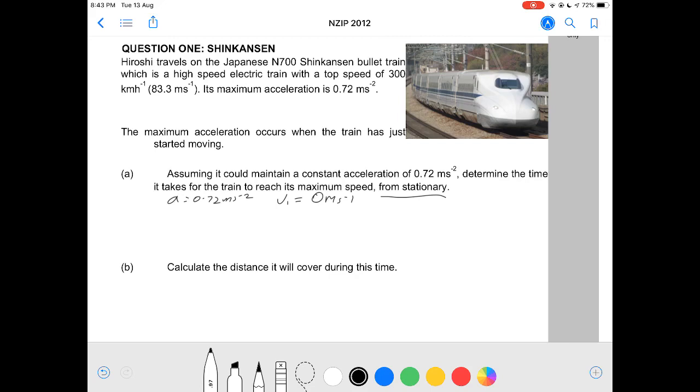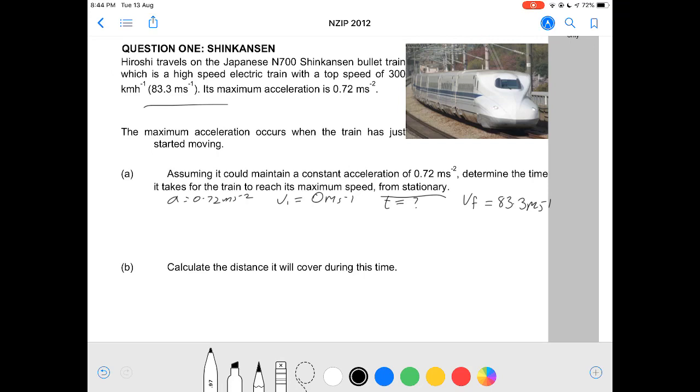And we also know that it maintains constant acceleration, and we need to find T, we don't know it. The maximum speed, the top speed, is 83.3 meters per second. So our VF is 83.3 meters per second.